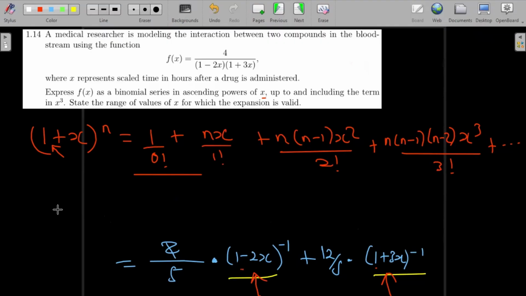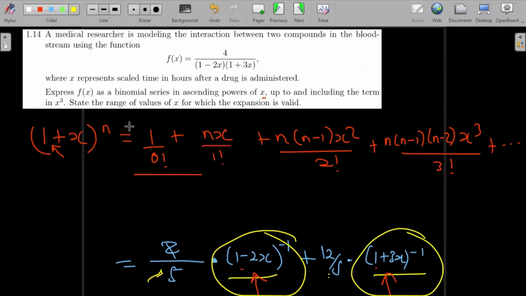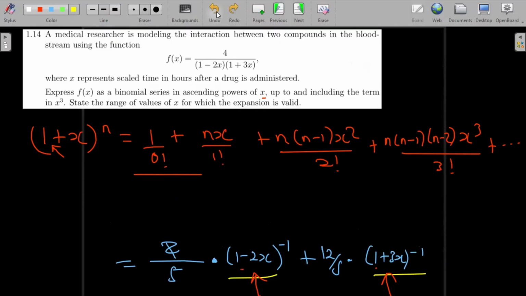So here I'm going to expand this and then multiply it with 8 over 5. Here I'm going to expand that and then multiply it by 12 over 5. So I'm going to say 1 minus 2x to the power minus 1. The n is minus 1, and the x is minus 2x.